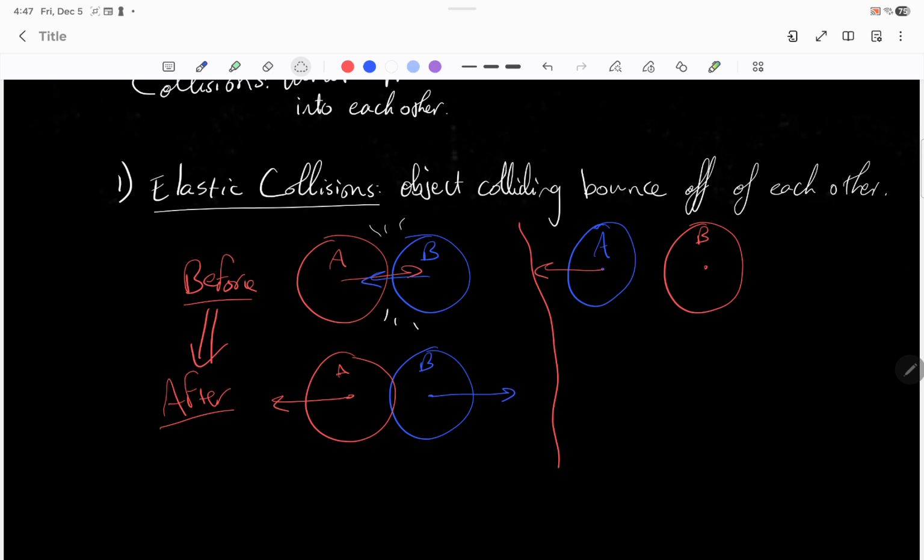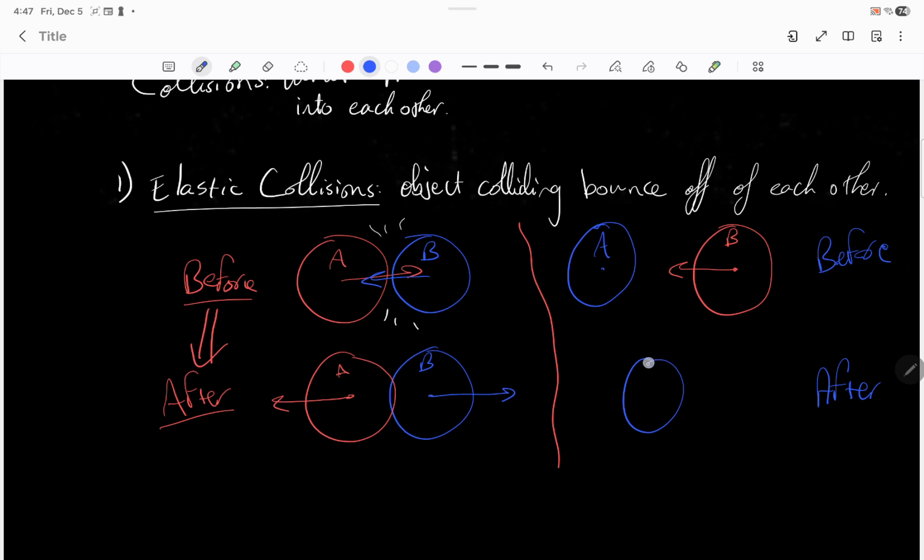So similarly, we have a before and after image. We have the before image where ball B was heading towards ball A. This is the before. And we have the after image where ball A now is moving to the left, while ball B is simply static.